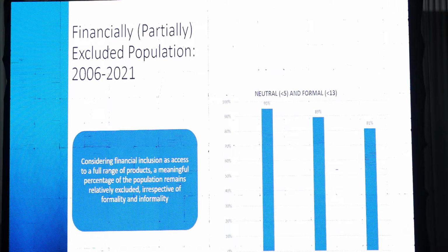So from the graph, we can see that based on this more meaningful measure of financial inclusion, a large part of the population can be considered still partially or relatively excluded because they don't have access to a full range of financial services. We do, however, see also a declining trend of this indicator between 2006 and 2021.